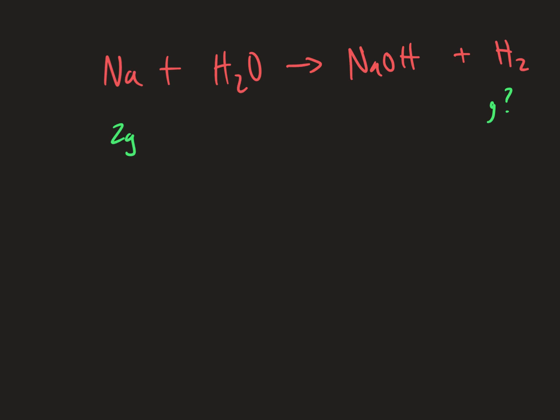Okay, so we got 2 hydrogens, so this is always going to be even. This is odd, even. So let's make this even, right? So we have 4 here, so we better put a 2 right there to make 4 hydrogens there. You following? 2 oxygens, 2 oxygens, 2 sodiums, 2 sodiums, done. Okay, so it's balanced. Any questions on balancing?